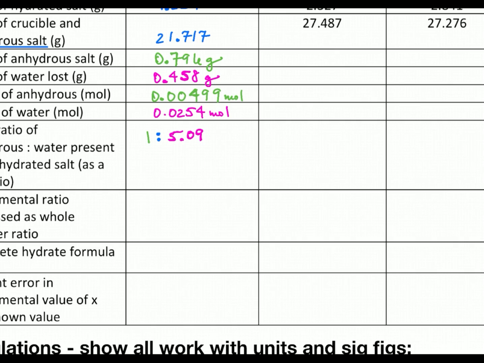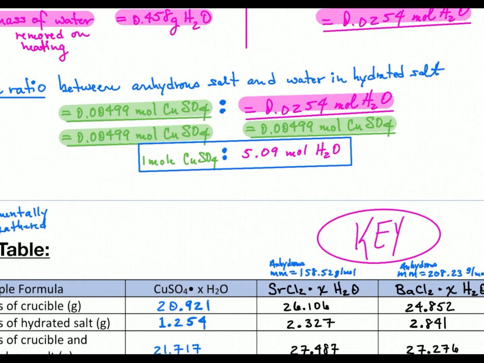Now, if we take that ratio and round it to a whole number ratio, we're going to have 1 mole of CuSO4 to every 5 moles of H2O. So from our data, we were able to determine that this is a 5 when this is a 1.